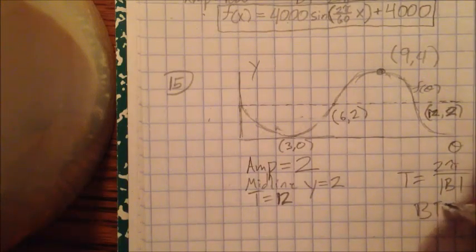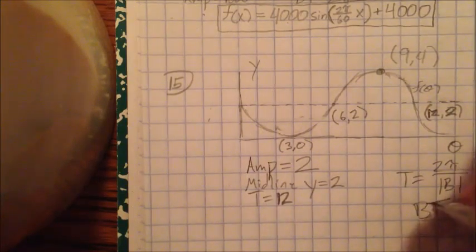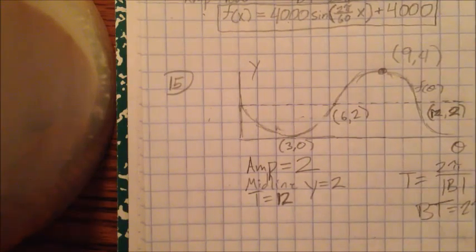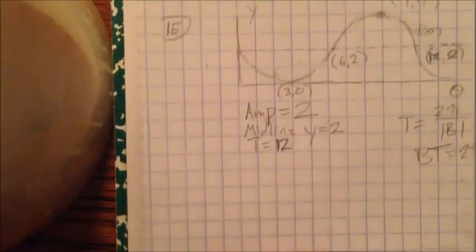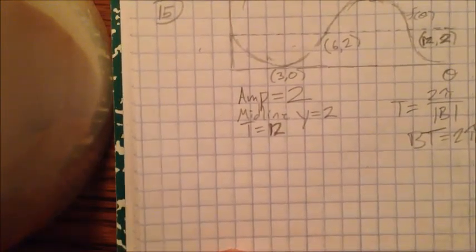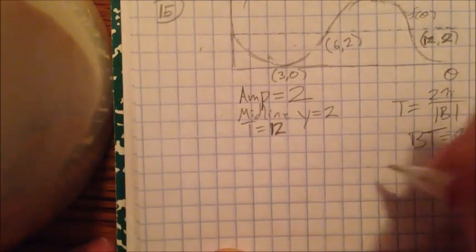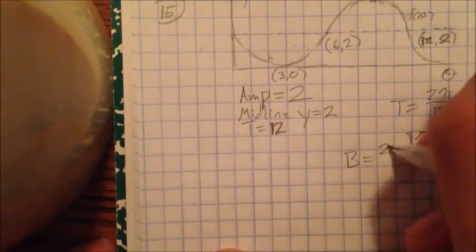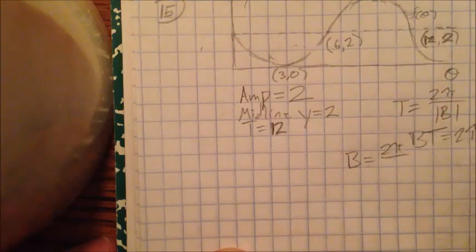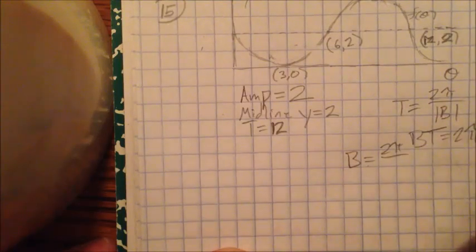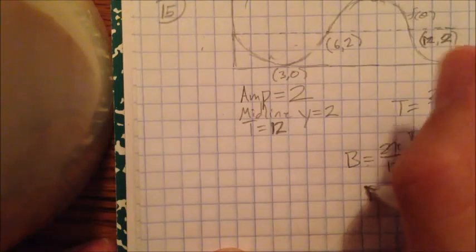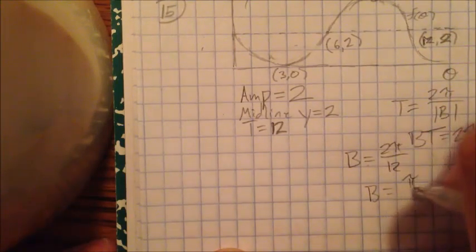So bt equals 2 pi, so b equals 2 pi over t, and I'm just going to go ahead and substitute in my value for t, 12. Simplify this, b equals pi over 6.